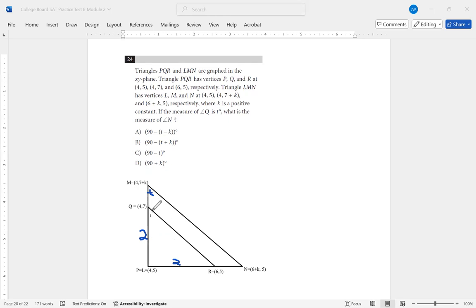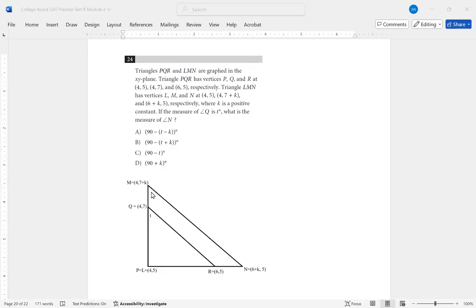The slope of this line is going to be down 2 over 2. The slope of this line is going to be down 2 plus k over 2 plus k. And so we get -1 as the slope of both lines. So that's the idea. We get -1 as the slope of both lines, and that means they are both parallel.